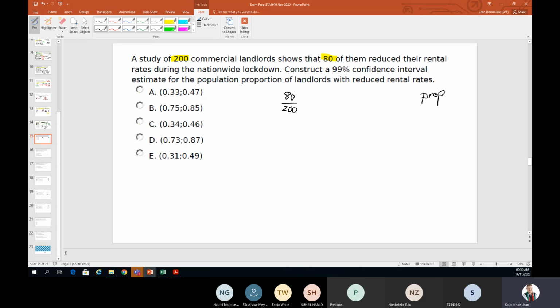Construct a 99% confidence interval estimate for the population proportion of landlords with reduced rental rates. Okay, so I think it's important here they tell you 80 of them reduced, so 80 divided by 200 gives me 0.4.